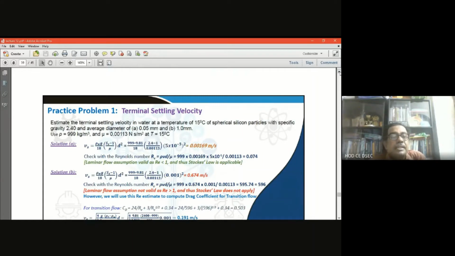Now Ss is given 2.4 and mu, the viscosity, is given 0.00113. And finally D square, D means 0.05 millimeter, that is 0.05 into 10 to the power minus 3, or 5 into 10 to the power minus 5 meter. So that whole square gives 0.00169 meter per second.